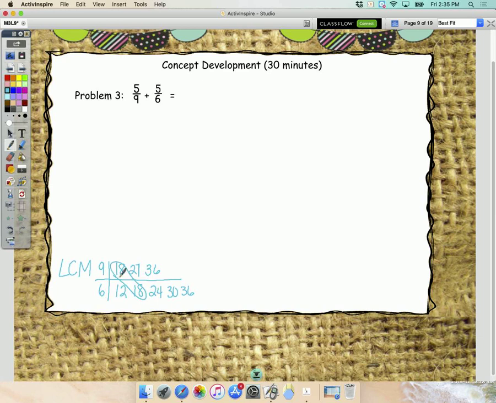So instead of using 54, let's try 18 and see how that works out for us. This way, we will not have to simplify. And I think this is probably the only challenging part of the lesson today, is finding the least common denominator or least common multiple. So we're choosing 18. We found it here. It's the smallest one that matches.